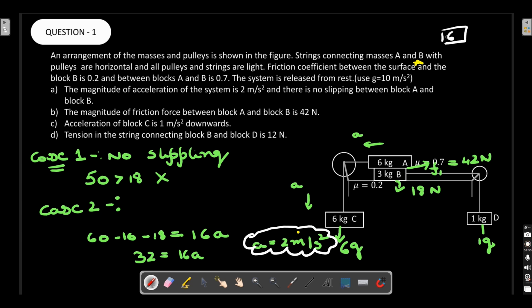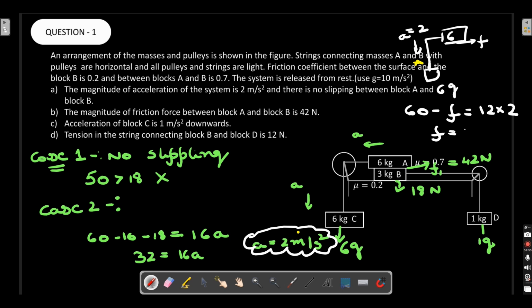If the entire block is moving in this way, here you have 6g, here you have acceleration A that is equal to 2, and you will have friction here, F. Then you need to find 60 minus F is equal to mass, that is 12, into acceleration, that is 2. So F is equal to 60 minus 24, that is 36 Newton.